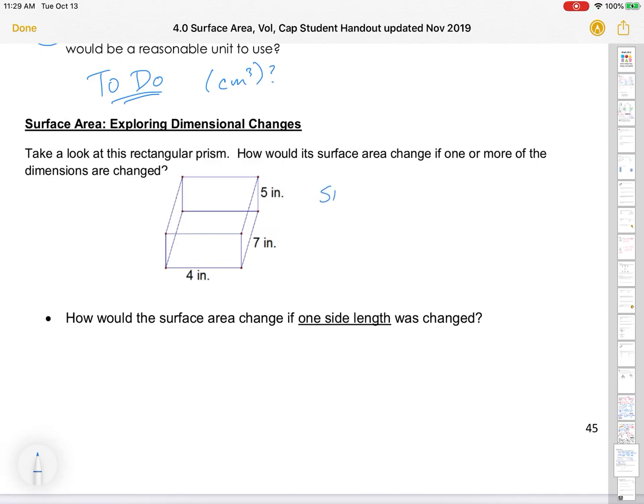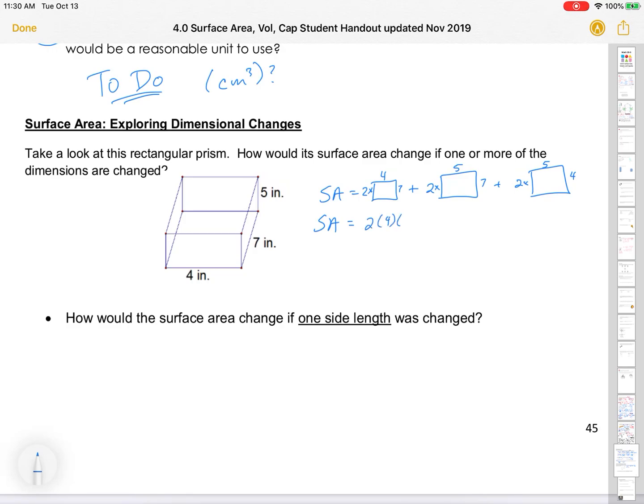Well, let's figure out our surface area to begin with, right? We've got 2 of one size, so this is 4 by 7, 2 of the next side, 5 by 7, and then 2 of the last size, 5 by 4.